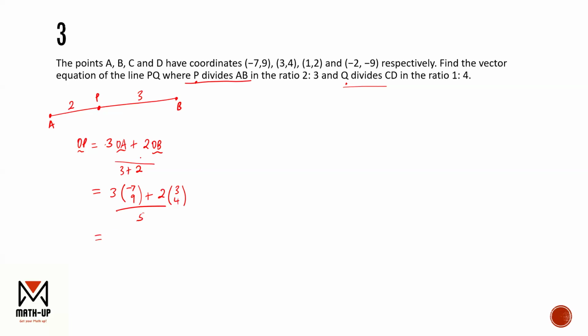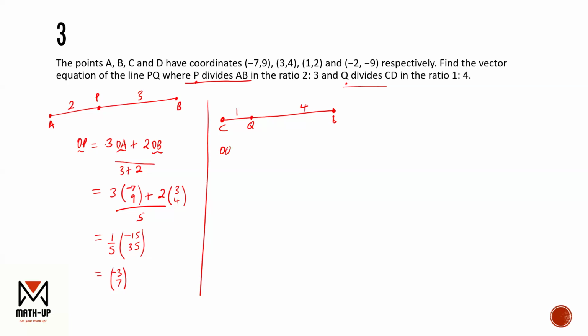When you compute this, in your numerator you have (-15, 35), but you're dividing this by 5, so multiplying it by a fifth, and this gives us (-3, -37). So we have the position vector of point P. Similarly, we can get the position vector of point Q because Q divides CD in the ratio 1:4.